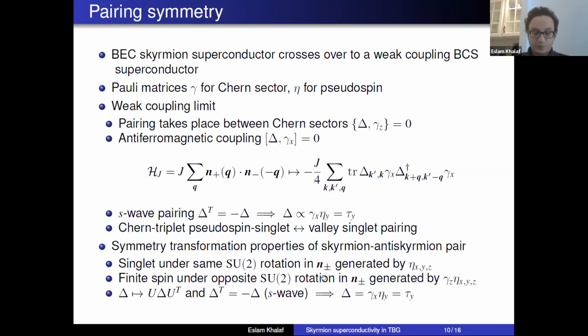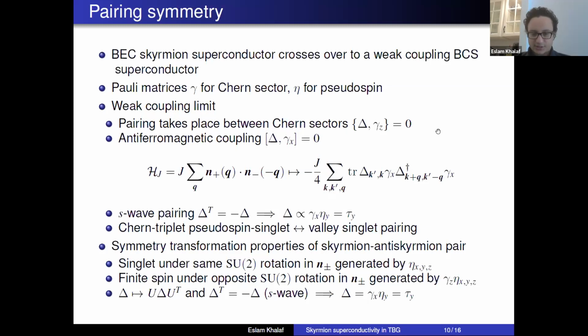On the other hand, if we perform opposite rotations, it will transform as a non-trivial representation. It would have a finite spin that will generally depend on the size of the Skyrmion, so it depends on the details. And these two properties, together with the S-wave pairing of the gap, pin down the pairing channel to this unique channel, which we have seen from the weak coupling analysis.